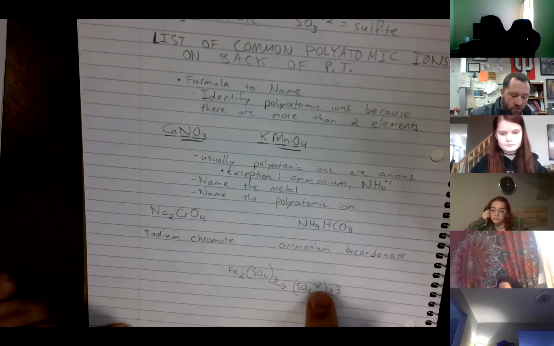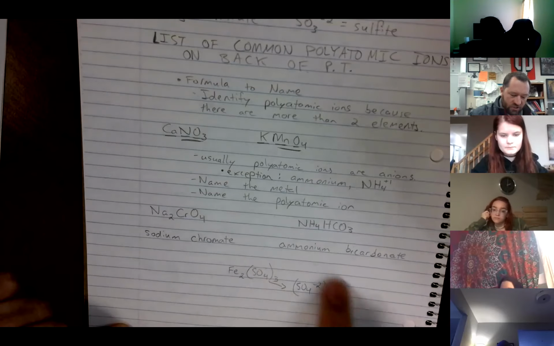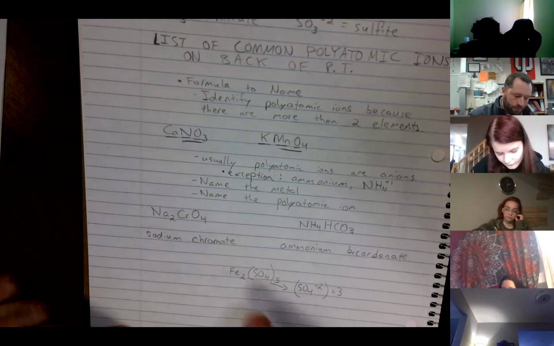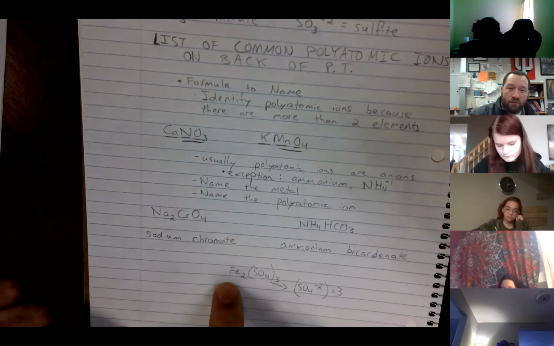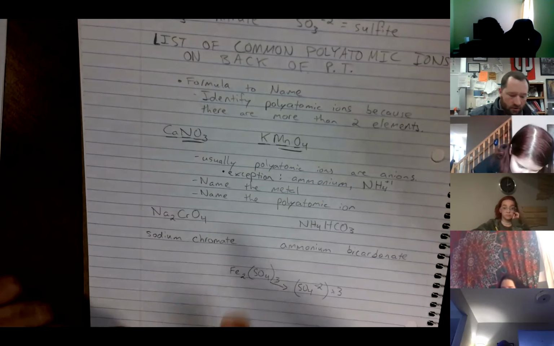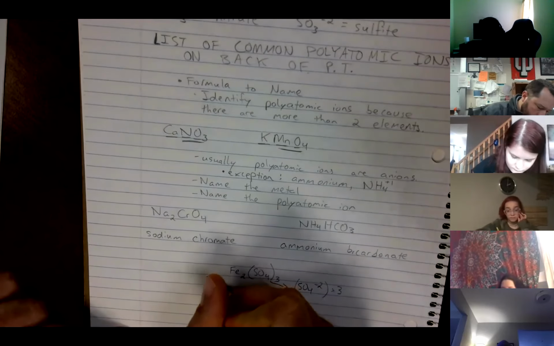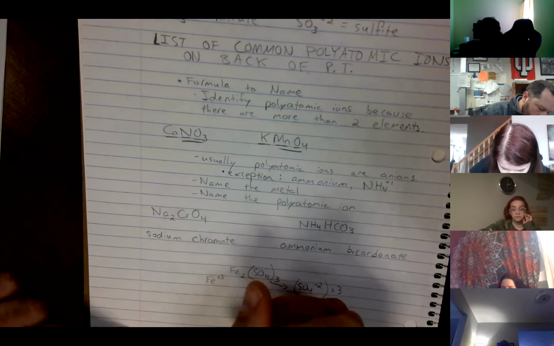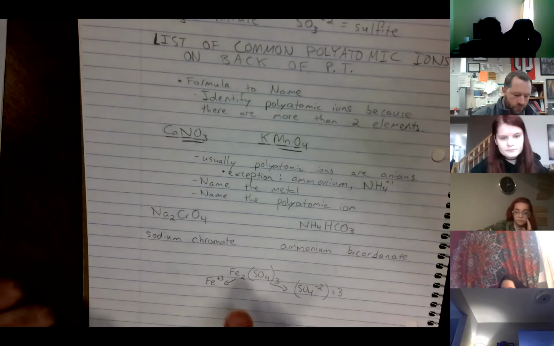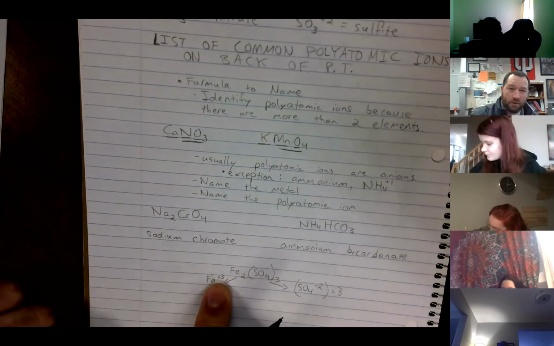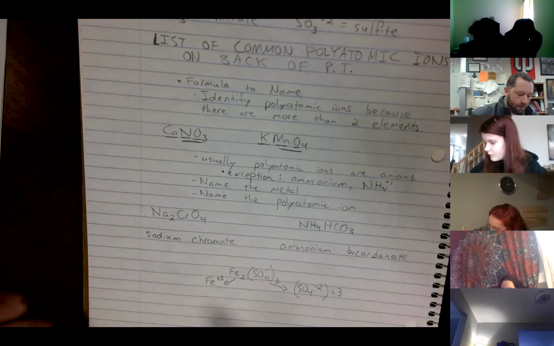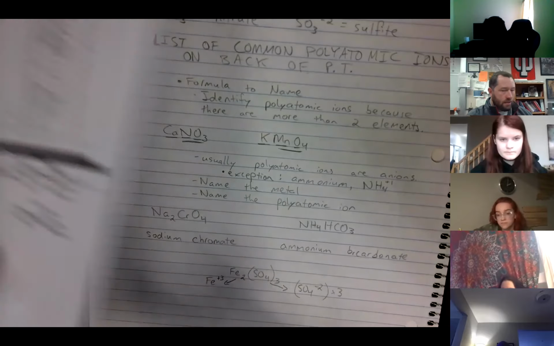What that means is that there's a total of -6. 3 -2s is a total of -6. That must mean that I have +6 on this side. And because I have 2 irons, each iron must have a +3 charge. 2 times +3 is +6 to cancel out our -6. All right, so that means we're working with iron +3.